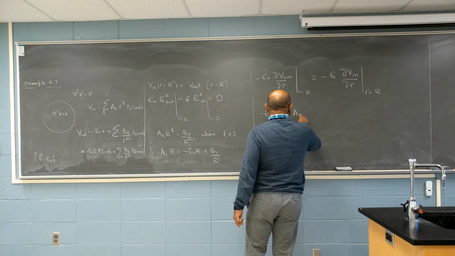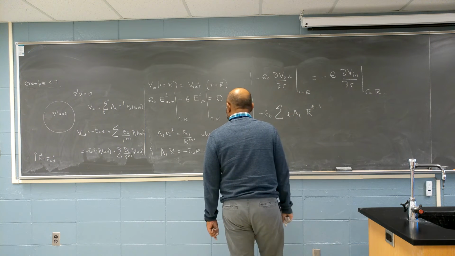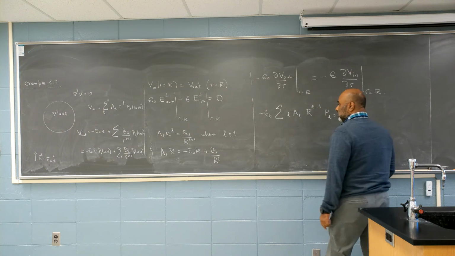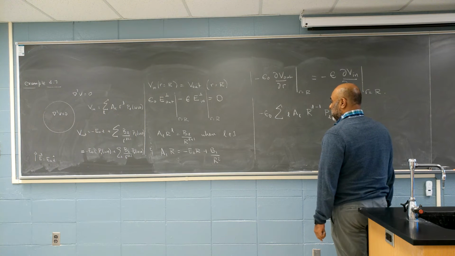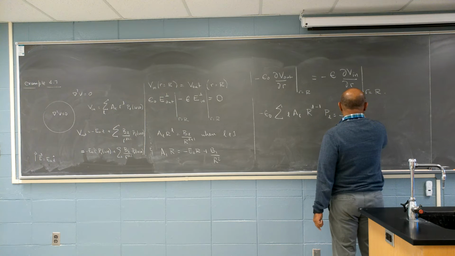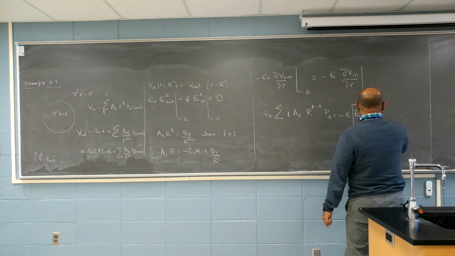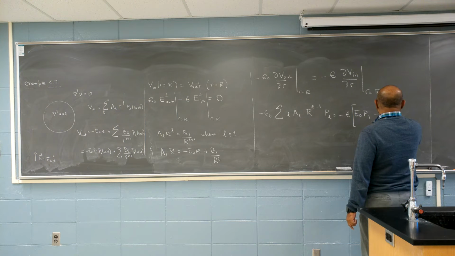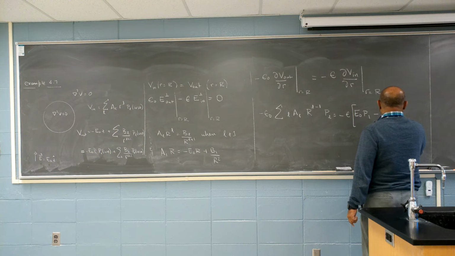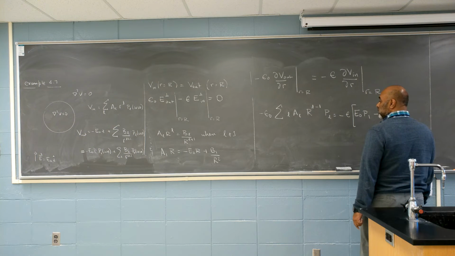L, A_L, I'm cheating, L minus 1, P_L is equal to minus epsilon naught, P_1, minus B_L, L plus 1, R to the, what is it?